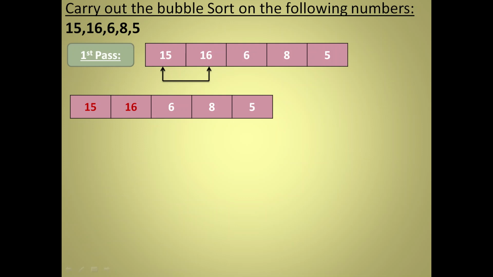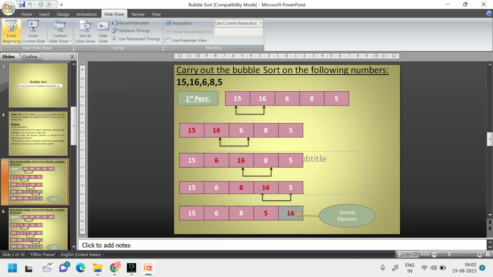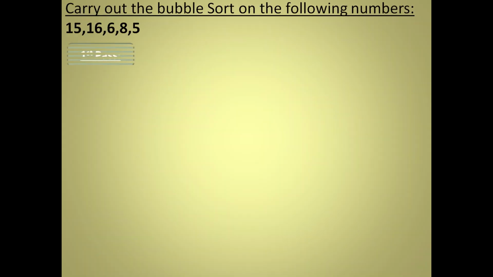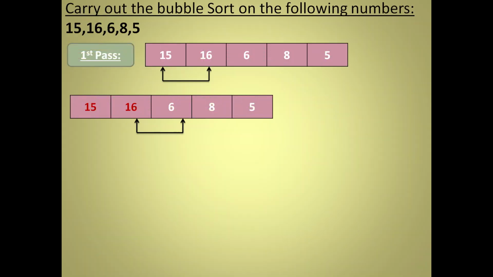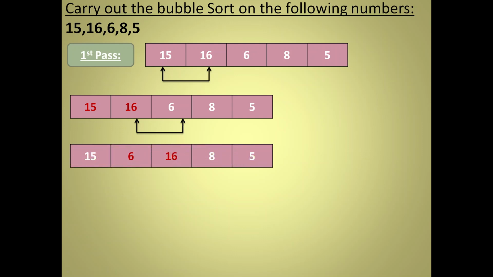Now I will check for the next position. It will check 16 and 6. You will see that 6 is actually smaller than 16, so the numbers will get exchanged.